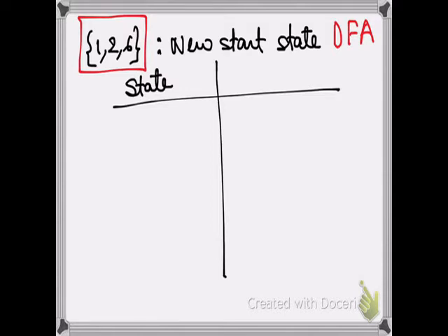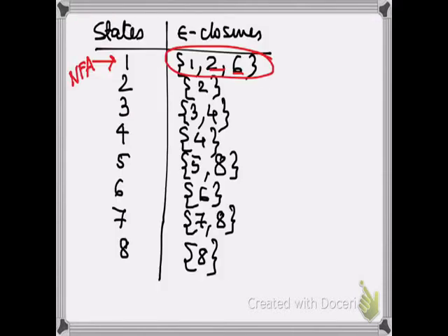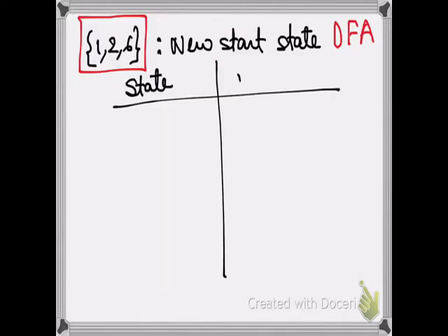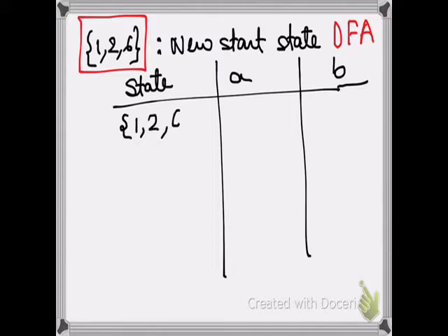If we go back here, we can see our input symbols are A and B. So in the DFA transition table, we will have input symbol A and input symbol B, two columns for the input symbols. Epsilon obviously will not appear here because the DFA does not contain epsilon transitions. So we start with our new start state, which is 1, 2 and 6.